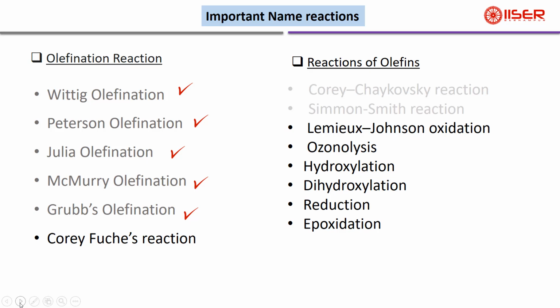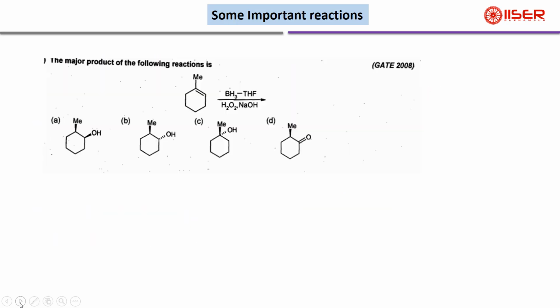So in continuation of that, we will solve some previous year questions based on these reactions of olefin. Then we move to some remaining reactions to form any olefin or any double bond or triple bond, and we will plan to solve some previous year questions.